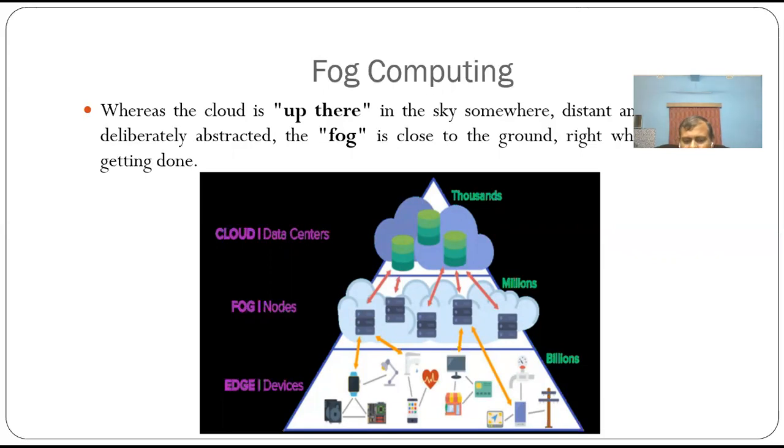But when we are dealing with real-time application data, the fog nodes are enough to compute all sorts of processing applications, and thereby fog computing is becoming very popular to realize the IoT architectures.